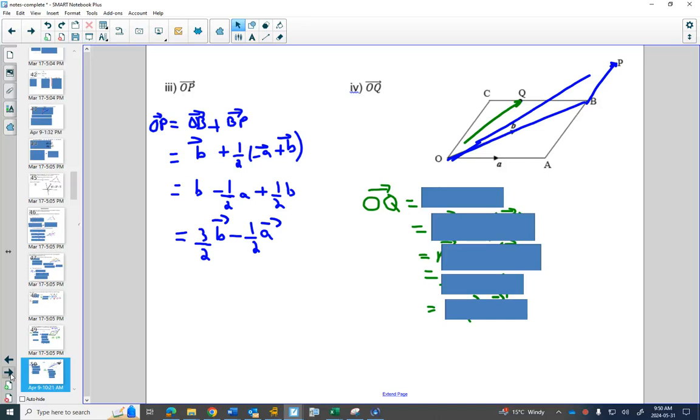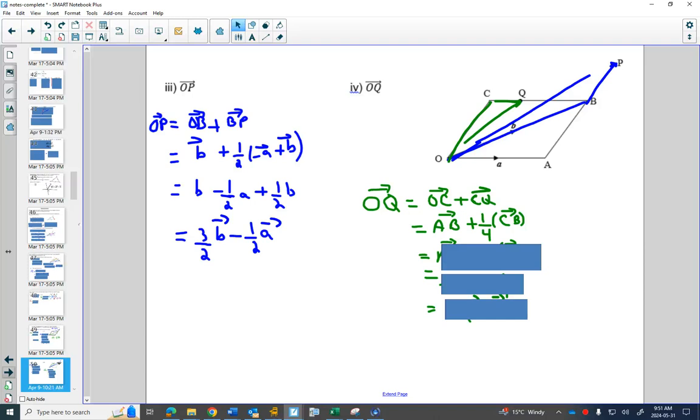If I want to go from O to Q, I can go first from O to C, and then C to Q. And O to C is the same as A to B, because vectors are free. And since it's a parallelogram, opposite sides would be equal.